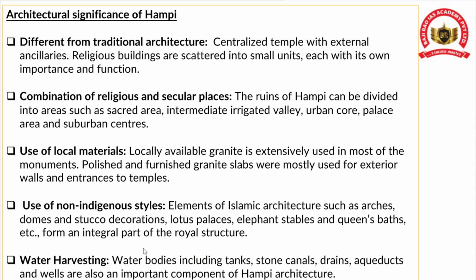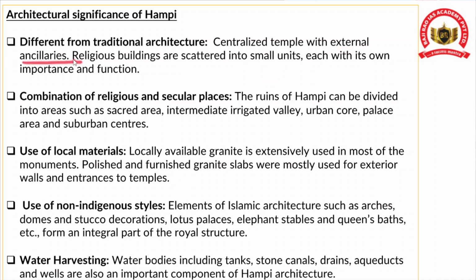Now in this context, we need to understand the architectural significance of Hampi. What is the architectural significance of Hampi? In Hampi, we can observe different traditional architectural styles. For example, if you look at the Vijayanagara style of temple construction, you can observe a centralized temple with external ancillaries.